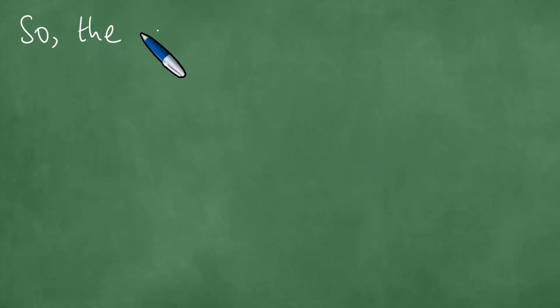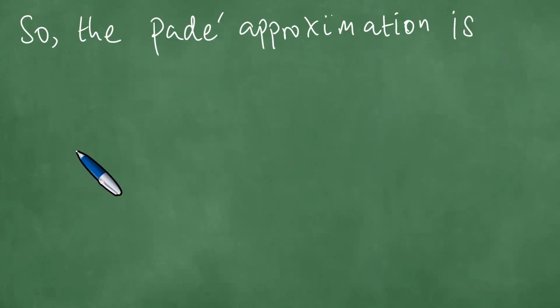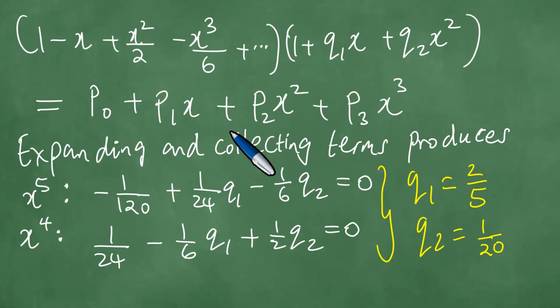The Pade approximation is out of X. Okay, so we need to think of the fact that the Pade approximation is the expression that is the p's.